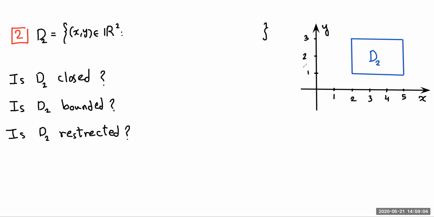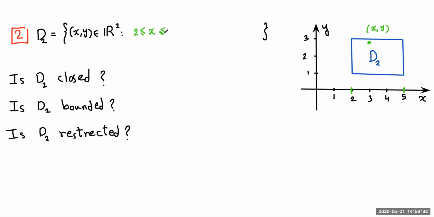The next example, the region D2 inside the rectangle given in the picture. Let's write the equation here. Any point here, suppose it is x, y. So x moves from 2 to 5.